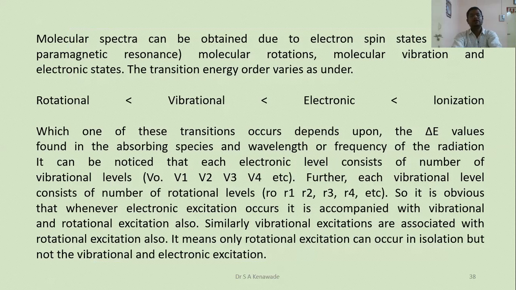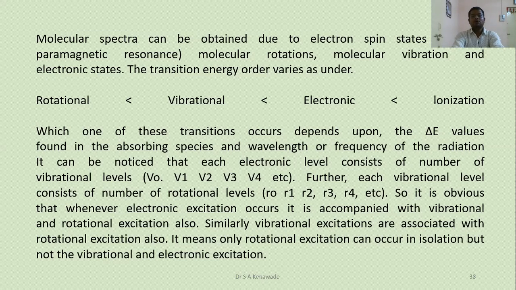The transition energy order is that ionization energy is greater than electronic energy, electronic energy is greater than vibrational, and vibrational energy is greater than rotational energy, which means which transition occurs depends upon the value of transition energy, that is delta E.